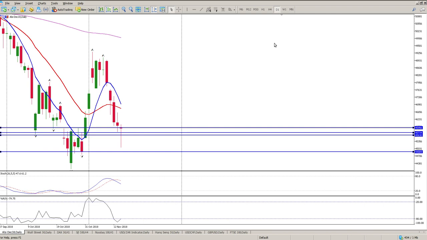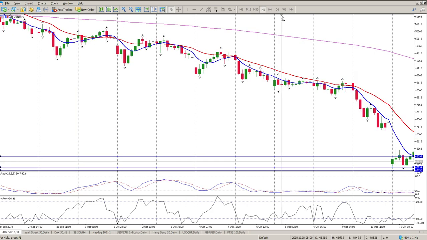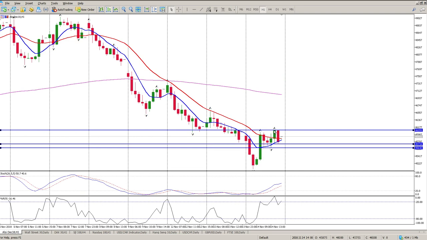Actually, I'll be safe and say I want a 4 hour close above the high of yesterday. A 4 hour or even an hour close above that may change my mood that we are rounding to the upside. But for now, I expect another leg down.